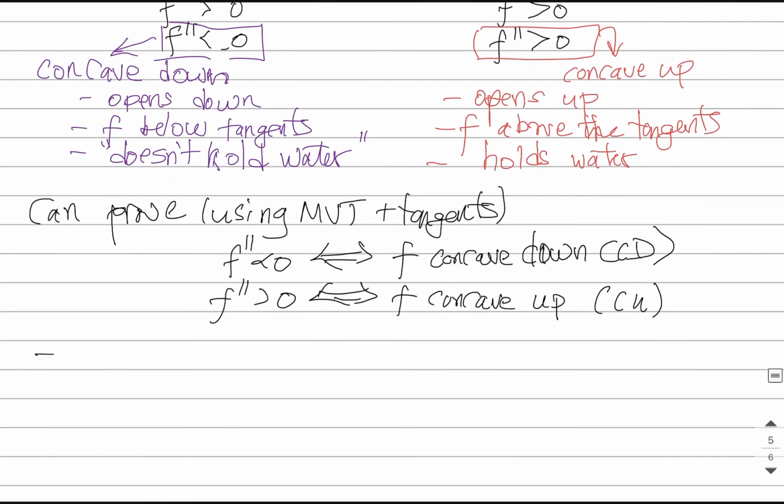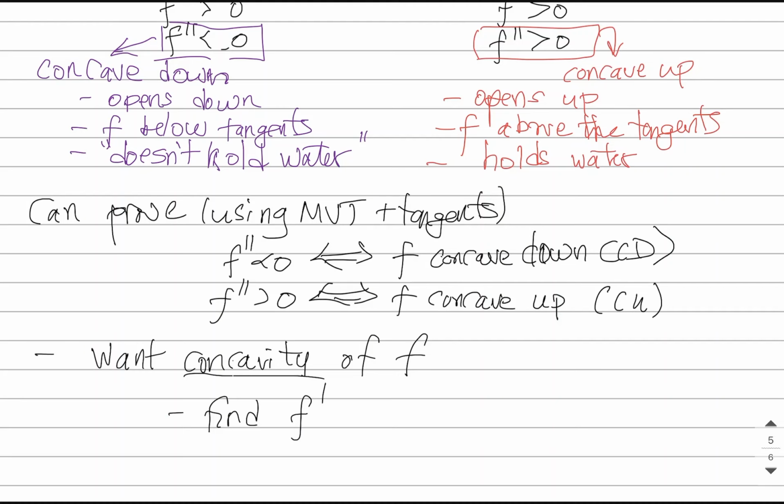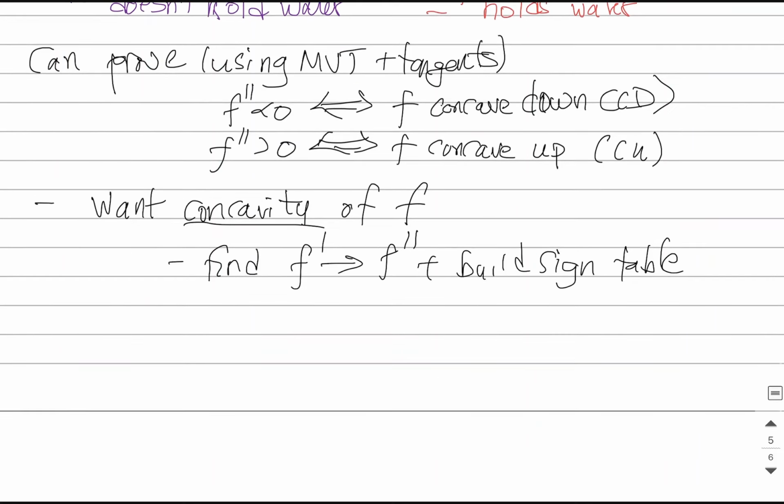We are going to be interested in finding the concavity of my function. So that means I have to take the function, find its derivative, then find its second derivative. And then I'm going to build a sign table for it, because what I'm going to do is examine the signs of the second derivative.